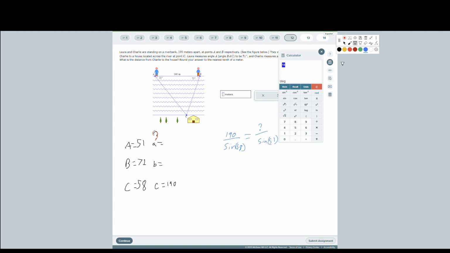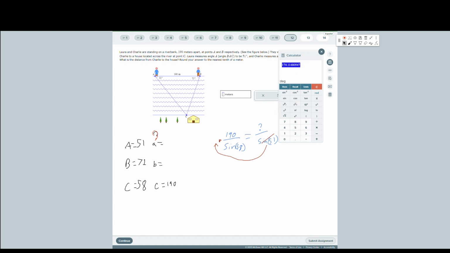And so in order to do this, we plug it in the calculator. You just move this sine over here and multiply it, and that crosses it out from this side, which would be your 190 times the sine of 51 equals 147, and we're going to divide that by the sine of 58.